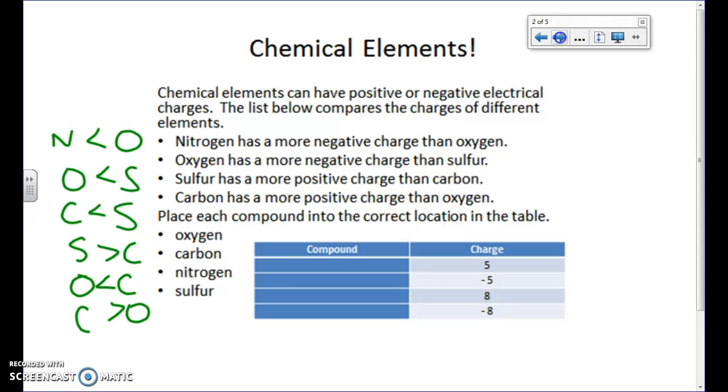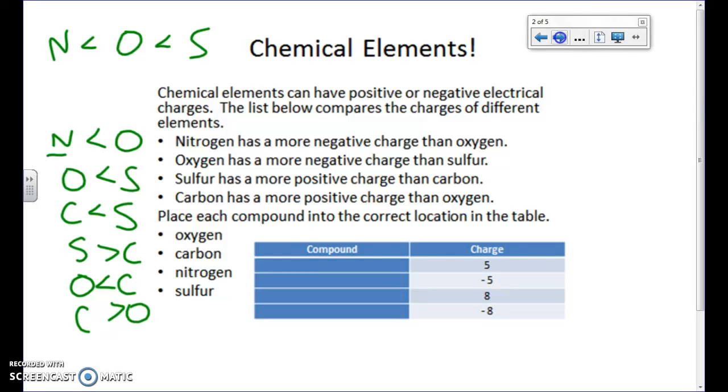It says place each compound into the correct location on the table: oxygen, carbon, nitrogen, and sulfur. Well, we know that nitrogen is more negative than oxygen. So if we made a list here, N is the smallest, smaller than oxygen, which is smaller than sulfur. The only tricky part is going to be carbon. It says that carbon is bigger than oxygen, and sulfur is bigger than carbon.